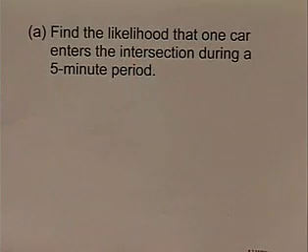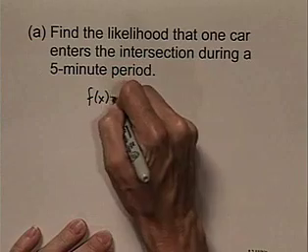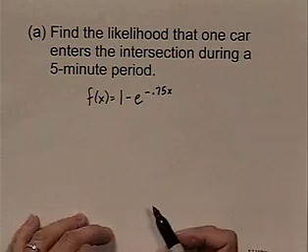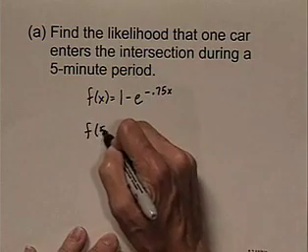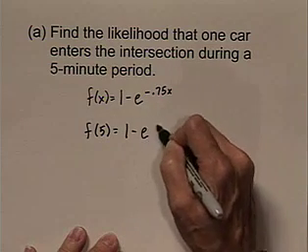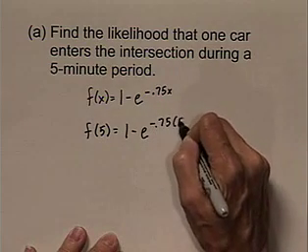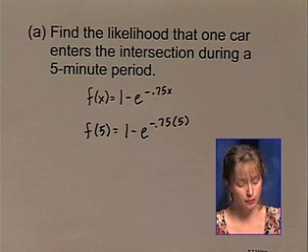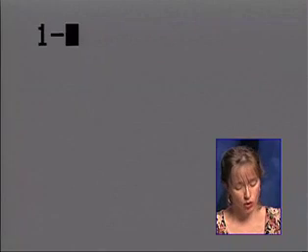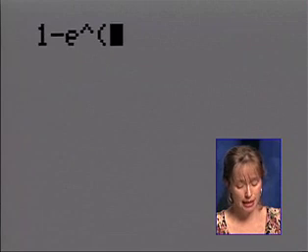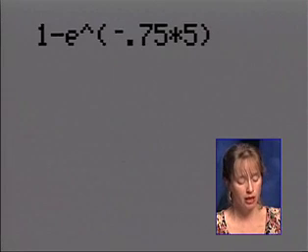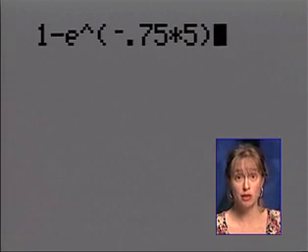Well, here's that problem rewritten. What that really means we want to do is take our model, 1 minus e to the negative 0.75x, and evaluate it at 5. So find f of 5. 1 minus e to the negative 0.75 times 5 is the number we're interested in finding. So again, let's use a calculator. On our calculator, we want to find 1 minus e to the negative 0.75 times 5 power, and notice that the whole power on e is in parentheses.